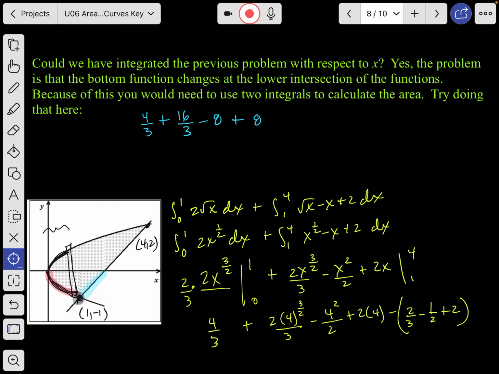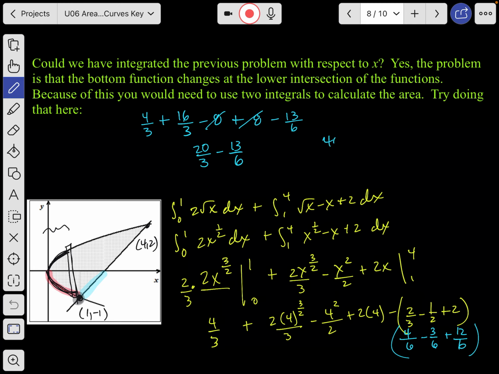So let's see, I'm going to need a common denominator. So that's going to give me 4/6 minus 3/6 plus 12/6, I believe. So 4/6 minus 3/6 is 1/6 plus 12/6 is 13/6. And that's minus. Okay, so let's see, my 8's cancel, and 4/3 plus 16/3 is going to give me 20/3 minus 13/6.